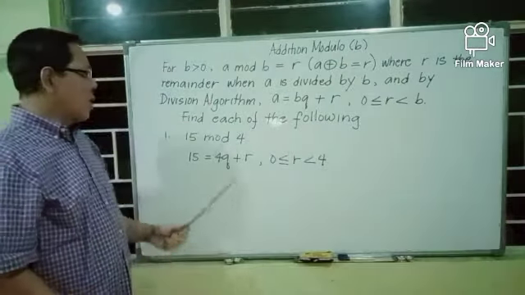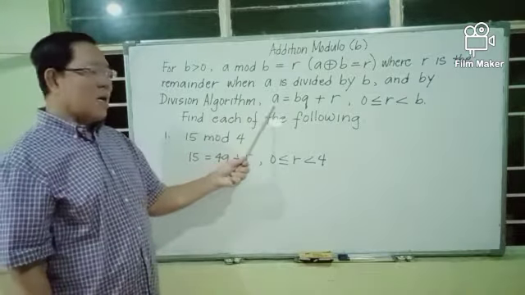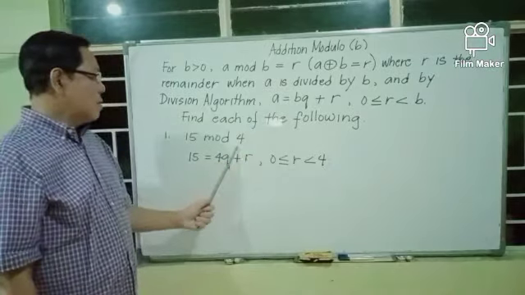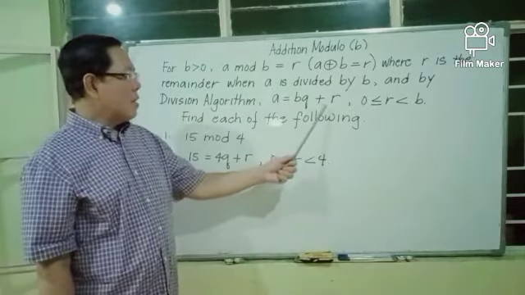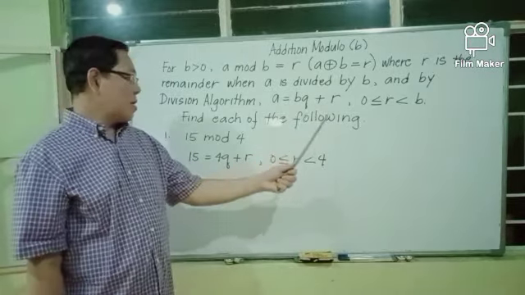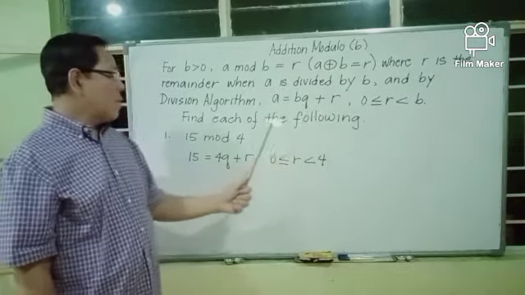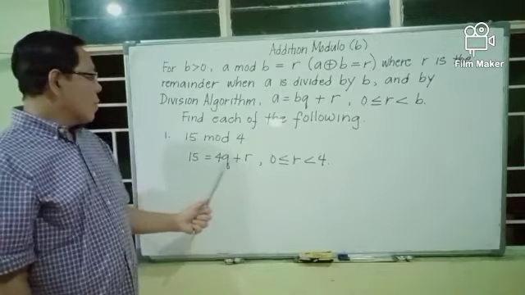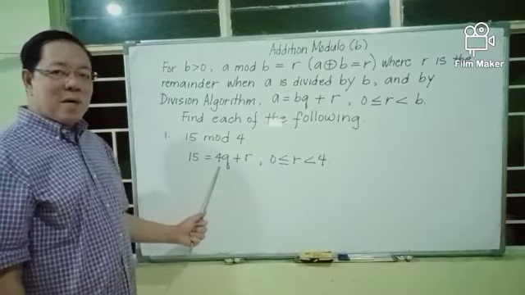In the definition of the division algorithm, a is 15, b is 4, q is the quotient, and r is the remainder. And we are interested in the value of the remainder when 15 is divided by 4.